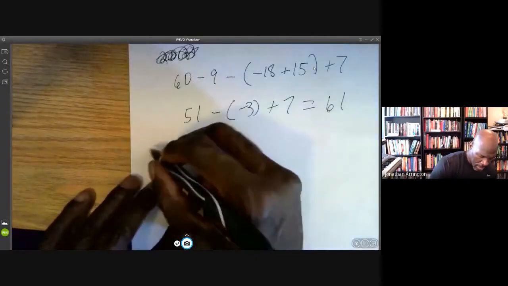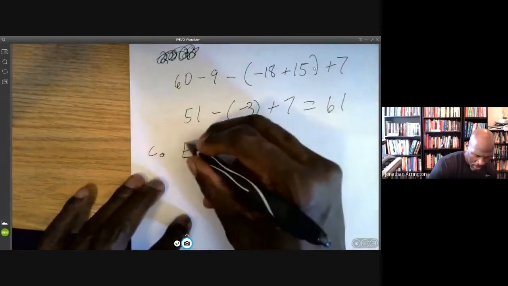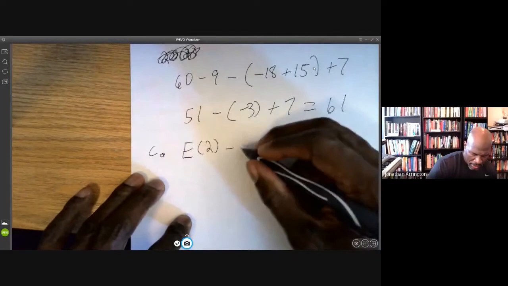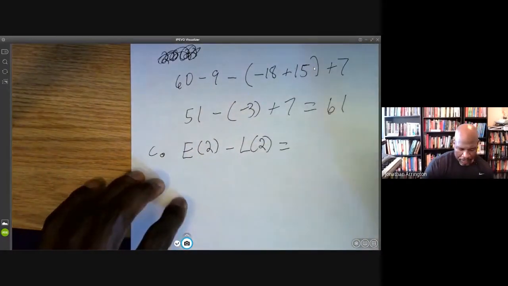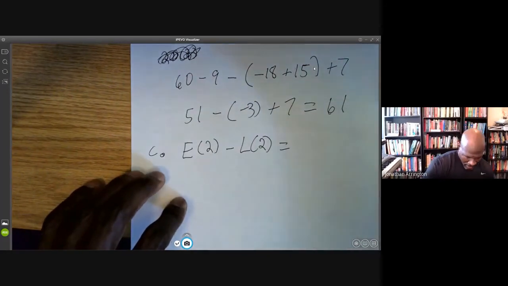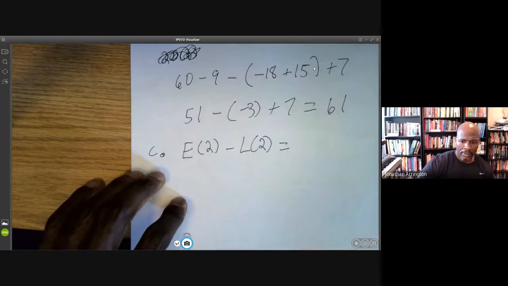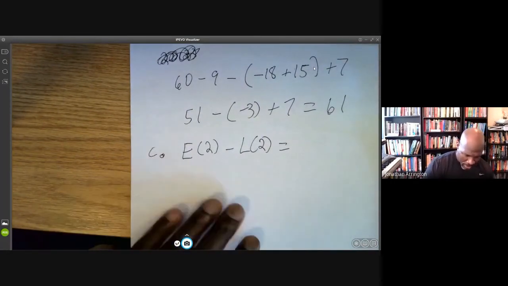All right, so we're on problem C, and we're going to do E of 2 minus L of 2. E of t, I've got to go to another paper. Okay, E of t was 20 minus t squared.